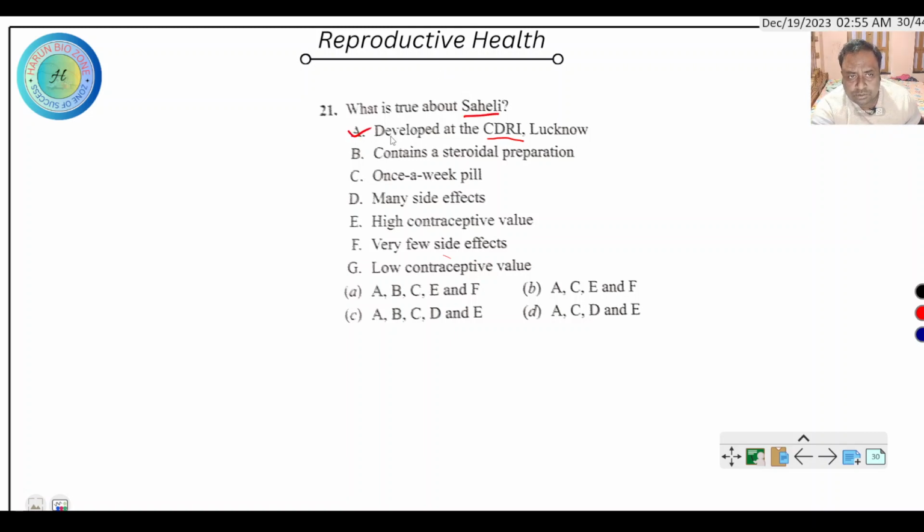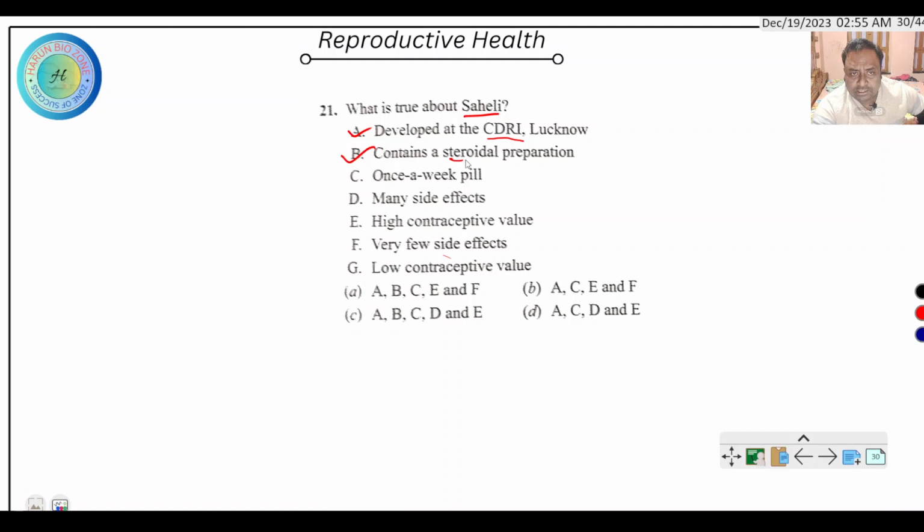It is the right option. Contains a steroidal preparation. Definitely, Saheli is a hormonal contraceptive, so it contains a hormone. Once a week pill.